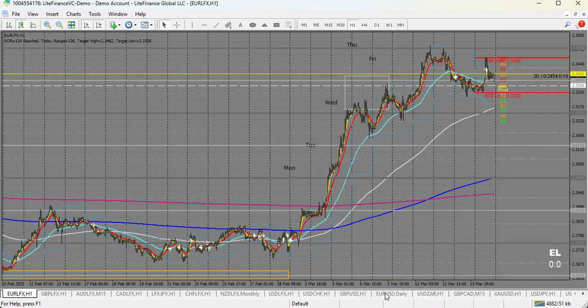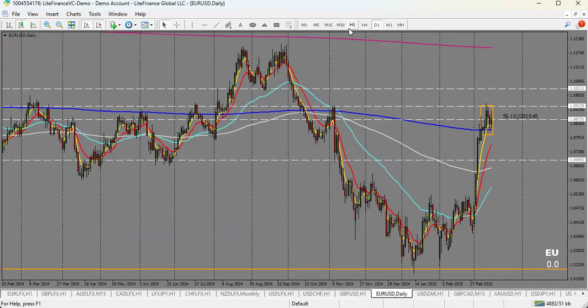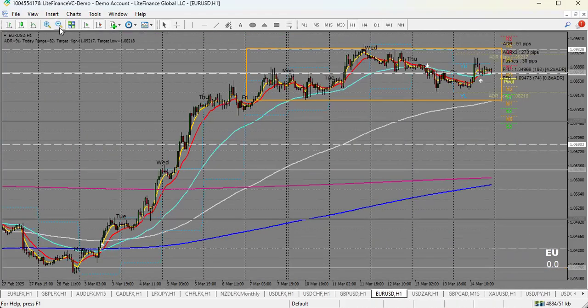So on EURUSD, the overall trend should be bullish, but we are still in consolidation. So we should be monitoring the markets for a breakout. I should be expecting price to come back to this large quarter point and then start the movement there. So that's my anticipation on EURUSD.